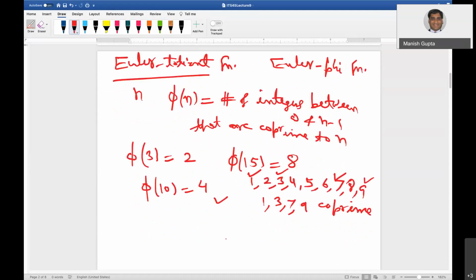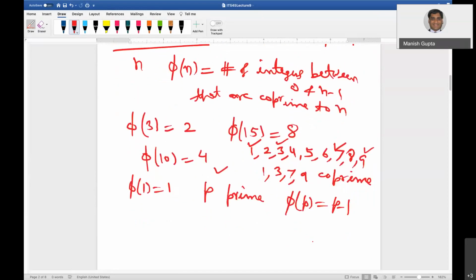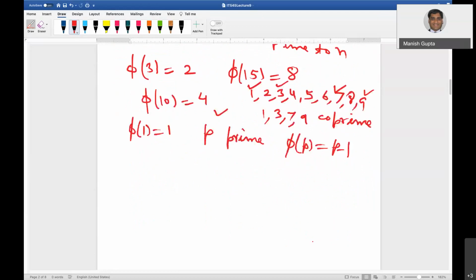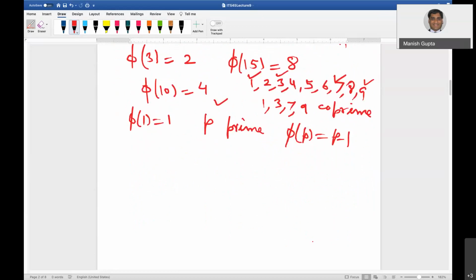In fact, we also have phi of 1 is equal to 1, and if p is a prime number then phi of p is equal to p minus 1. Now what is phi of 6?